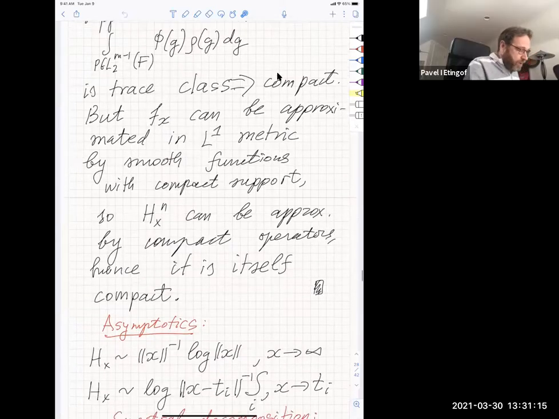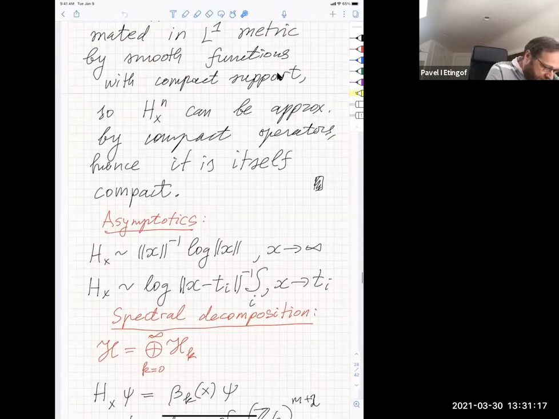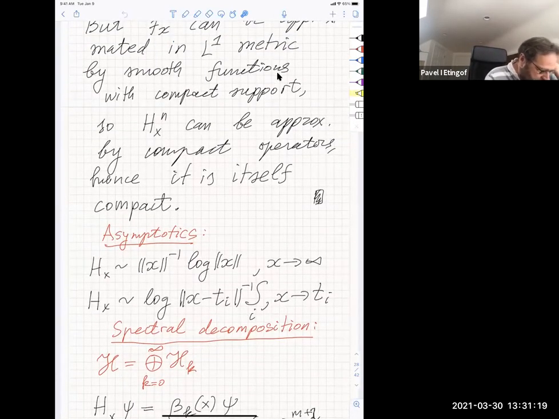Okay, so now everything is good. We have done the analysis and we can reap the benefits. So we have this nice family of operators, hx. How does it behave when x goes to infinity? We discussed that for 4 points, and the answer is exactly the same here. So it behaves, for example, when x goes to infinity, as just a scalar times some function, which is norm of x inverse times log of norm of x.